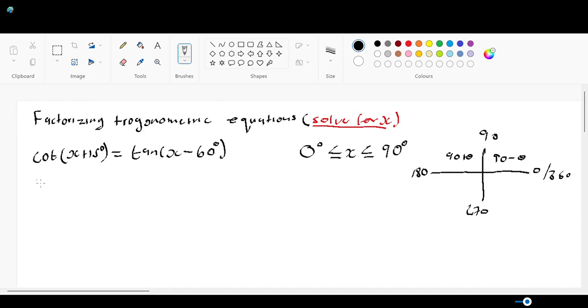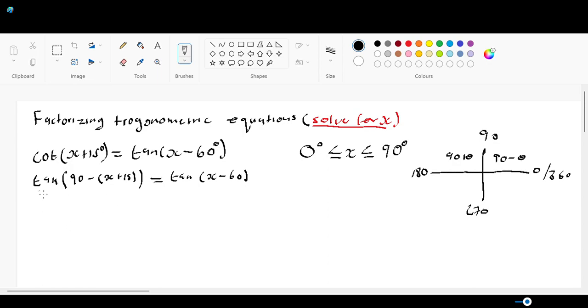So I write tan of 90 minus our angle, which is x plus 15, and this is equal to tan, and then I just rewrite the one on our right as it is, x minus 60 degrees.